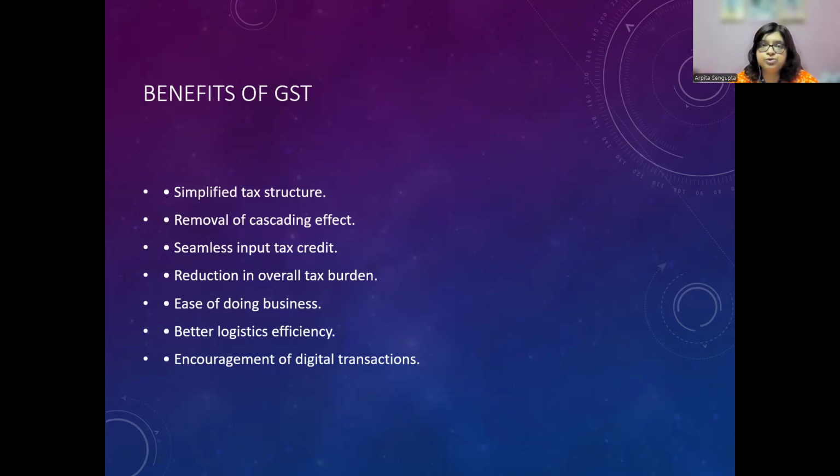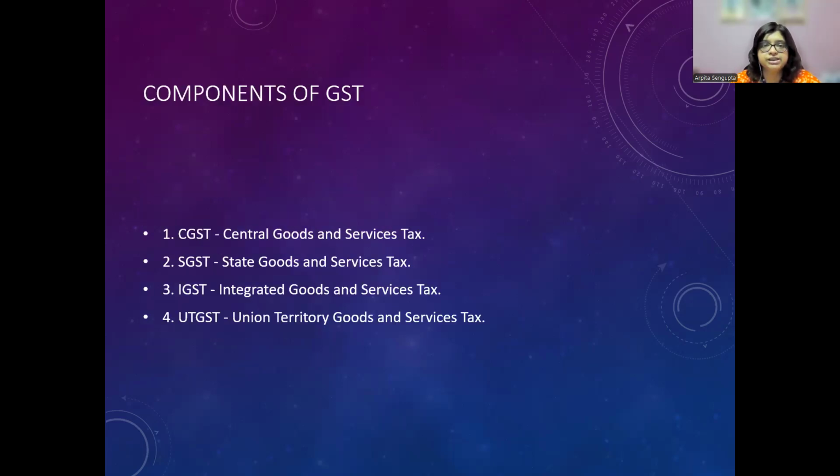That is known as the cascading effect. One of the main objectives of GST was to remove the cascading effect, seamless input tax credit, reduction in overall tax burden, ease of doing business. If the tax structure becomes simplified, then doing business will also become simple, better logistics efficiency, encouragement of digital transactions.